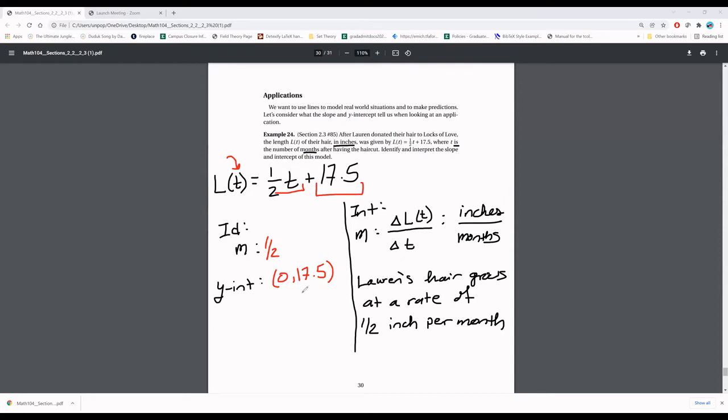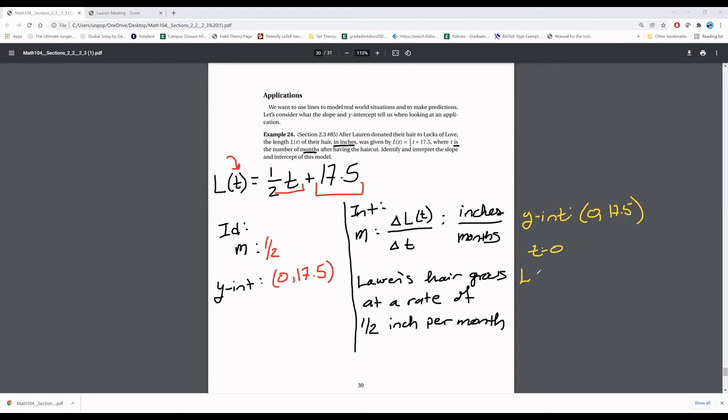We also want to interpret the intercept. The y-intercept unit is always going to be the same as the units of the function. So the L of t units, the same as the dependent variable. Well, it's in inches. So this is 17.5 inches. What does that mean? Well, if it's 0, 17.5, t is 0. No time has passed since Lauren's hair was cut. How do I interpret this?